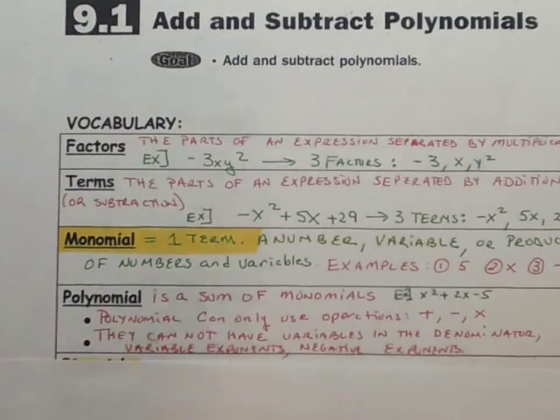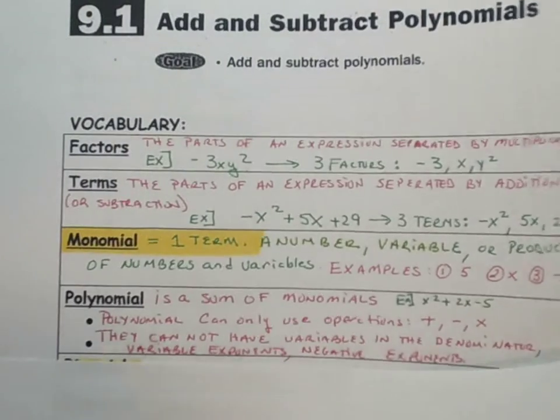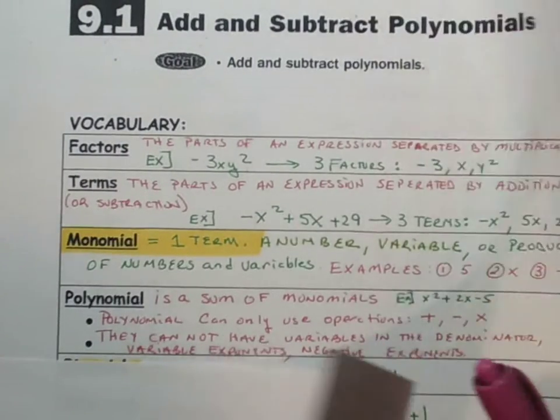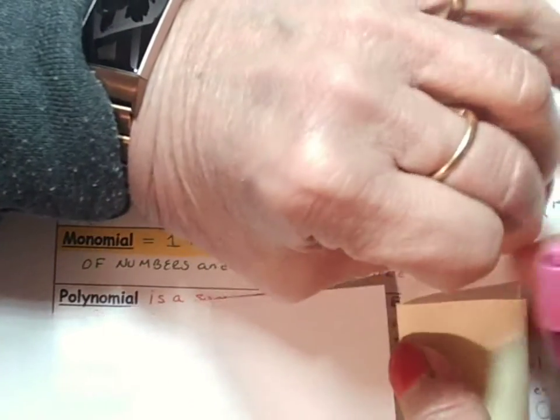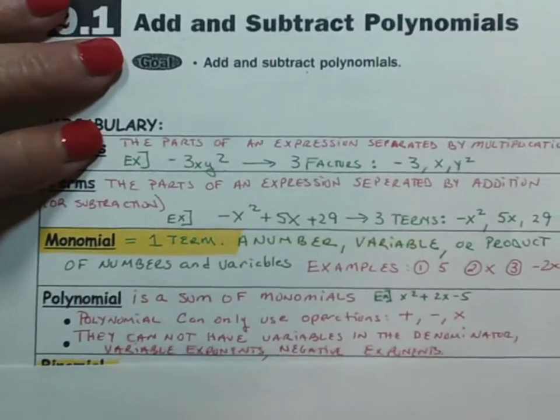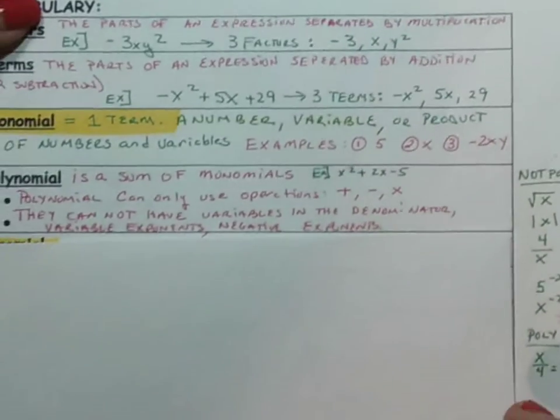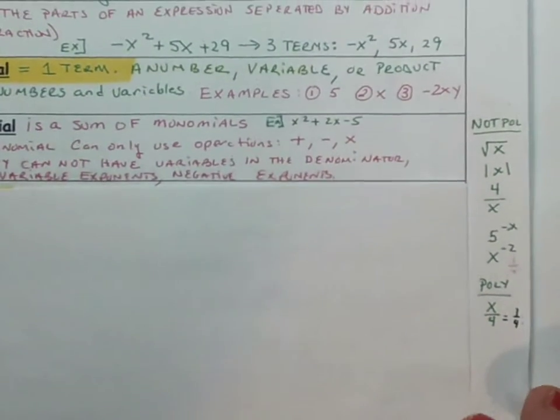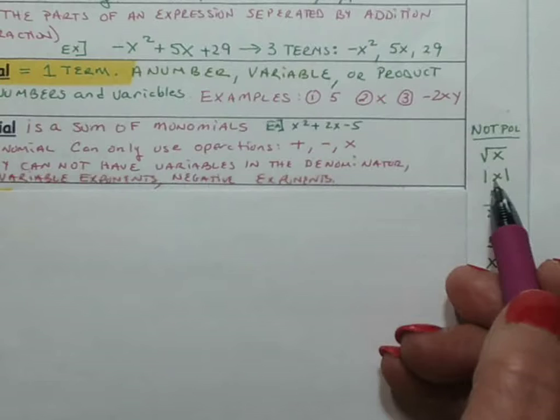An easier way to understand the definition of a polynomial at this point in algebra is to understand what is not a polynomial. Here are some examples of what are not polynomials.